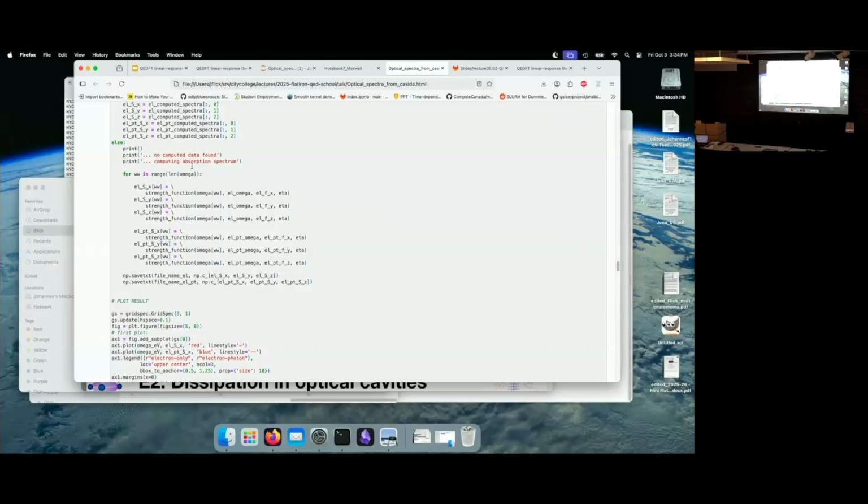And when will the notebooks have it? The notebooks are linked.